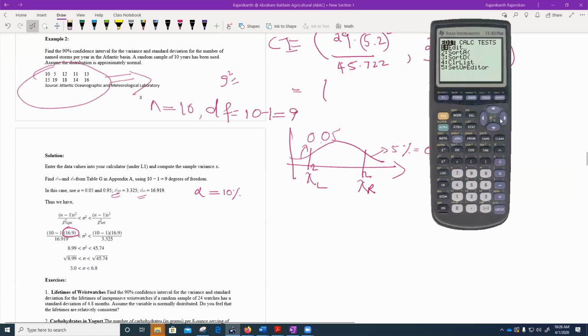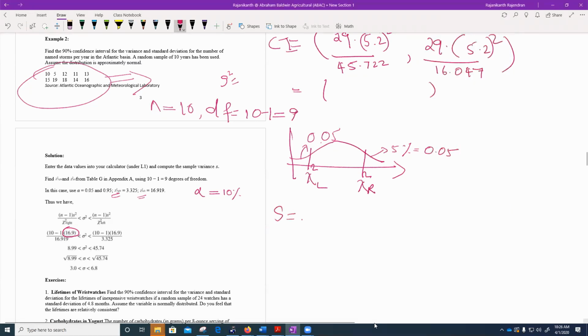So again, go to stat and calc. One-variable stats. Okay. Oh, you see now. So which one do I want now? I want little sx. That is my sample standard deviation, 4.11. So my sample standard deviation is 4.11. Therefore, my s squared is 4.11 squared.